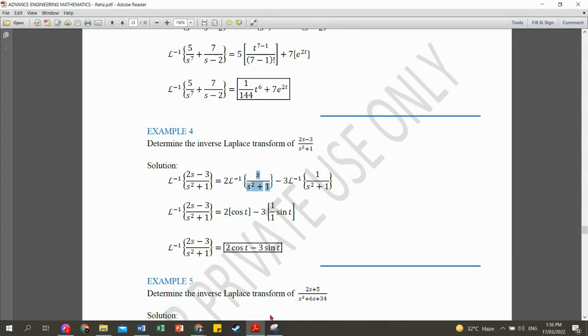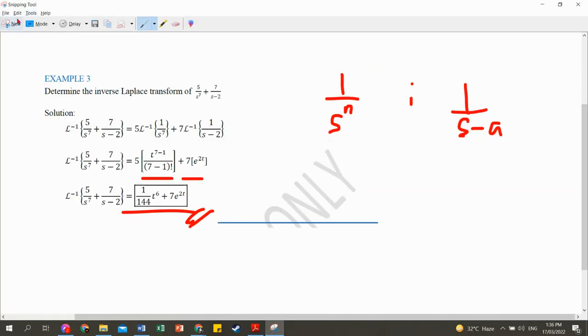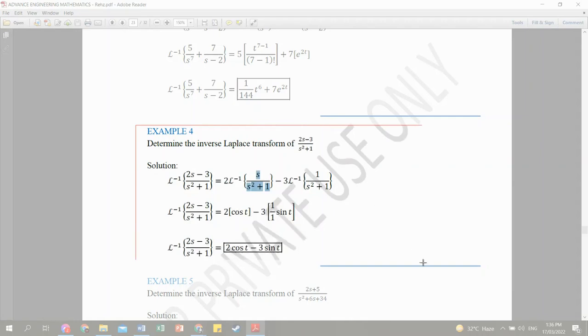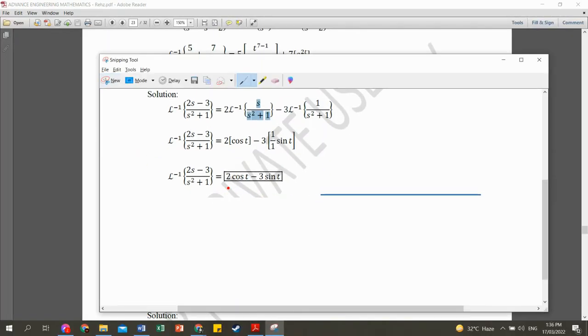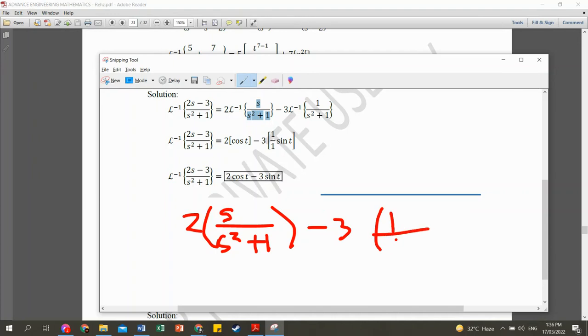Okay, so you can check that again. Let's try to check this one if we got the correct answer. The Laplace transform of 2 cosine t is 2 times s over s squared plus 1, minus 3 times the Laplace transform of sine t, which is 1 over s squared plus 1.